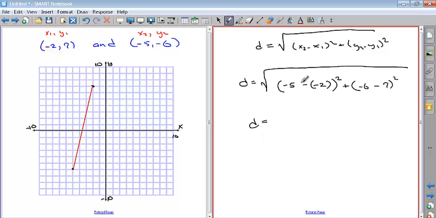Here we have -5 minus a negative, so this is -5 plus 2, which means you're going to make it more positive, closer to 0. So -5 plus 2 is -3. Square it. That's where I got my 3 from. And then I have -13.